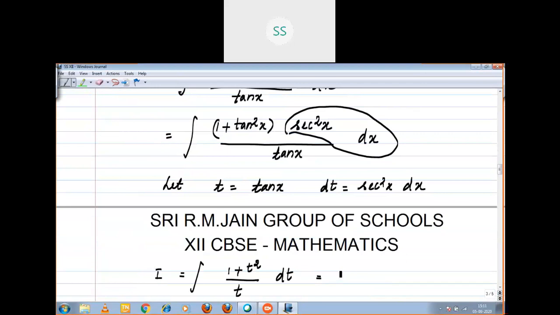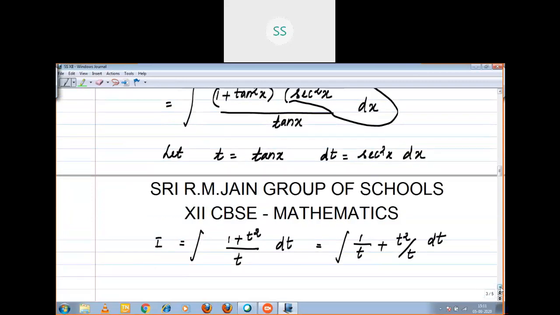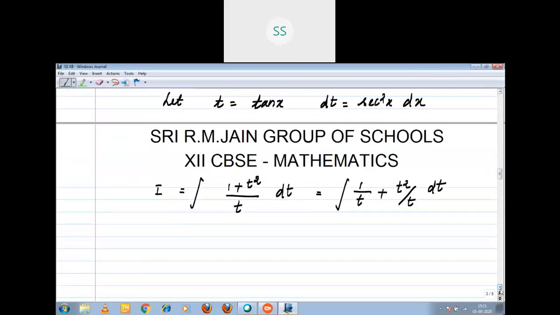Now I'm going to split and write: integral of 1 by t plus t square divided by t into dt. Now you see, I equals integral of 1 by t into dt. When you integrate dt by t, what is your result, children? Log t.